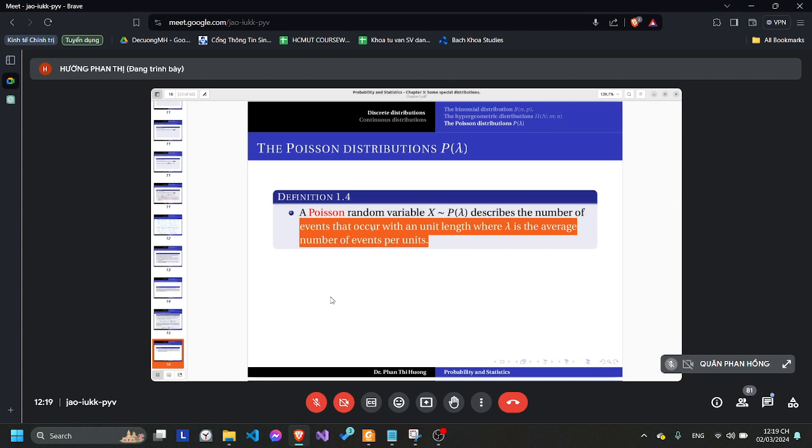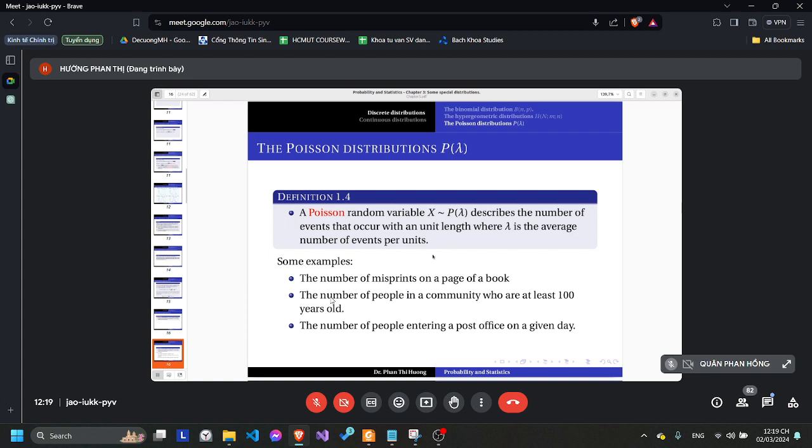As long as you want to describe the number of events that occur according to a unit, and lambda indicates the average number of events per unit, hence the Poisson random variable S can be the suitable choice.